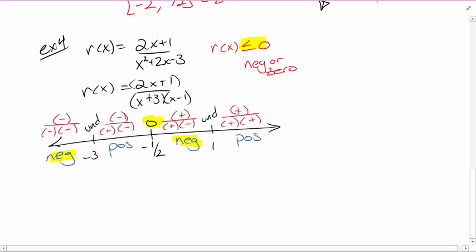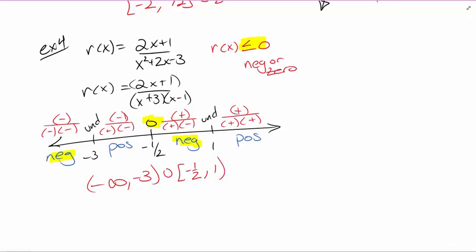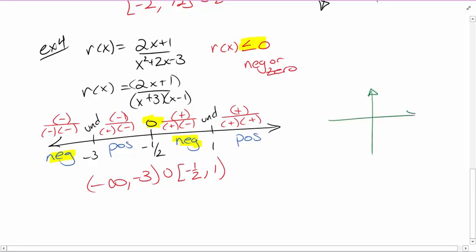I'm going to have a negative value from negative infinity to negative 3, not including negative 3. And then I'm going to include negative 1/2 because a 0 value is good, all the way up to 1, not including that 1. I would challenge you to compare this sign pattern to the graph. How would this graph look in comparison to what we're getting out of this sign pattern?